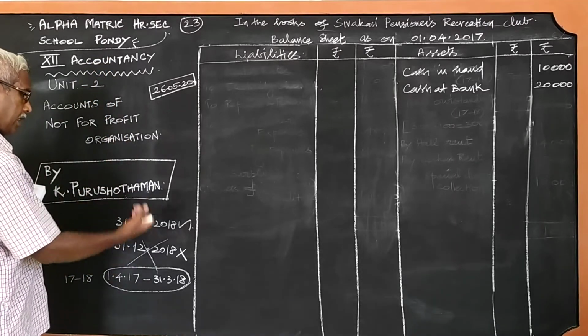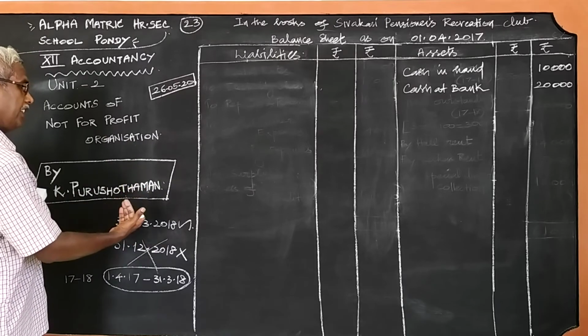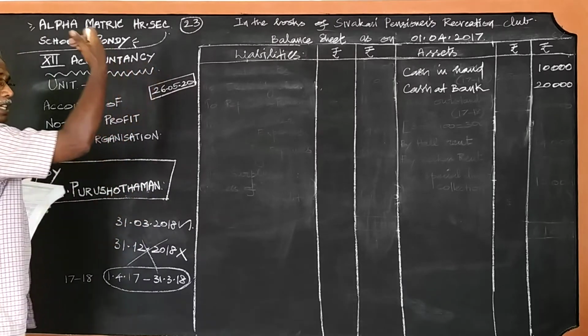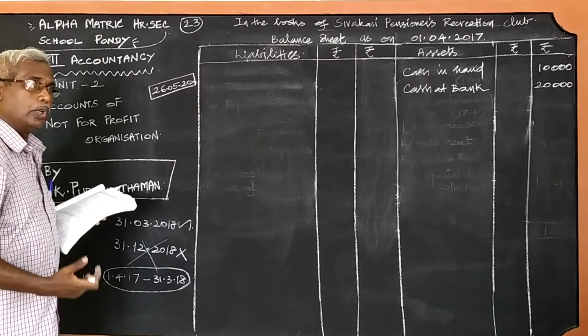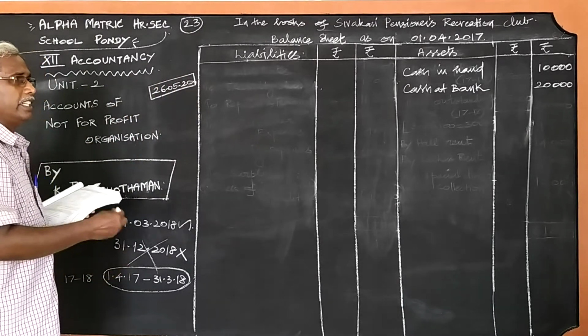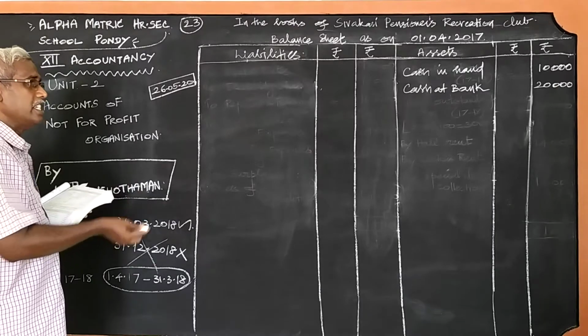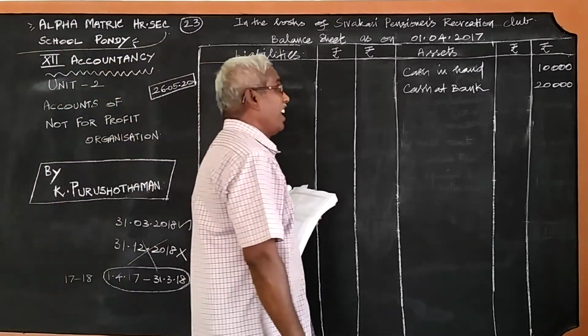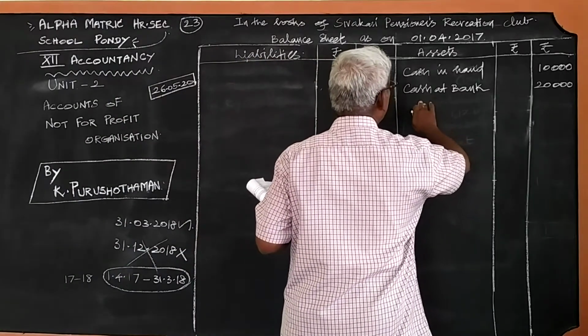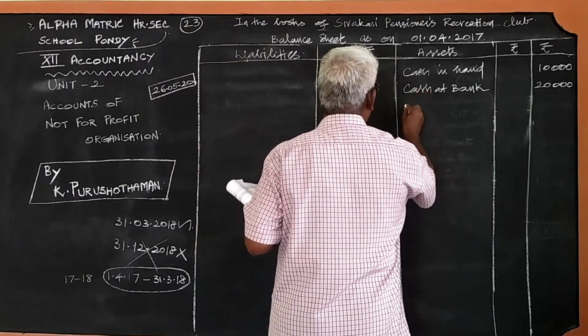This year, the subscription is received for the past year. So, in the beginning, it is the last year's outstanding. The last year's outstanding will be in the beginning of the next year.